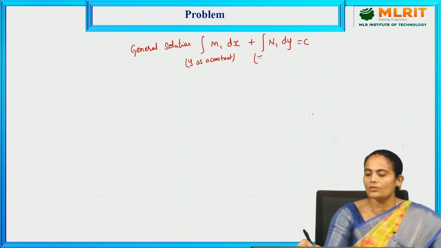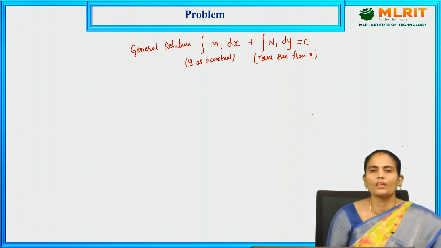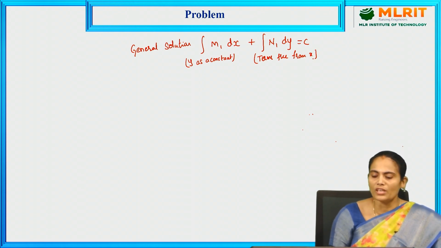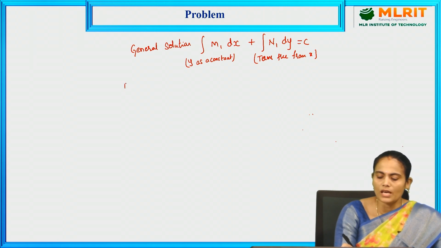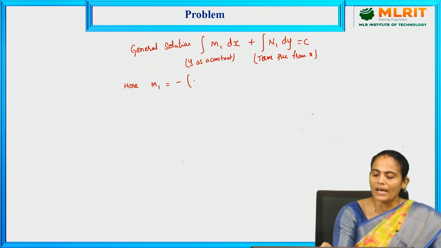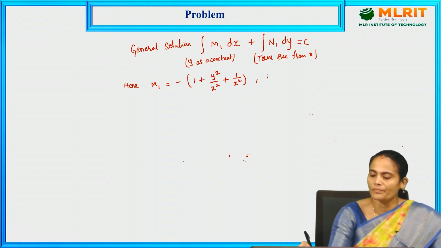So here you have to take the terms free from x. So what is the m1 function? I am writing separately here: m1 is equal to minus of 1 plus y square by x square plus 1 by x square, and n1 is equal to 2y by x.